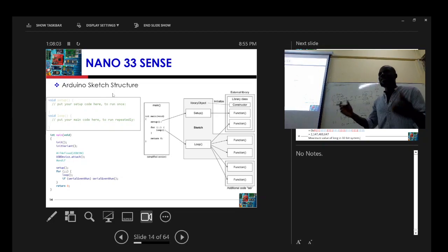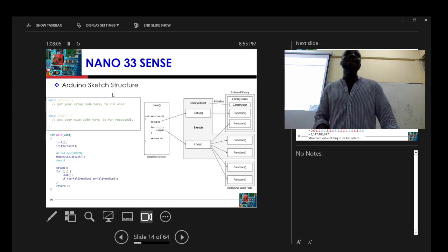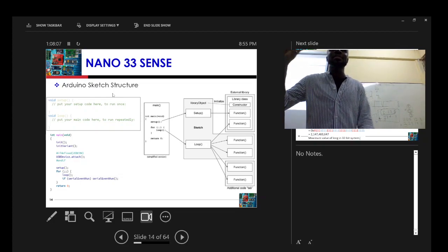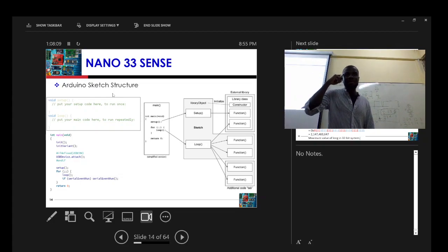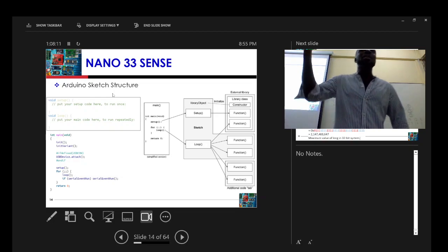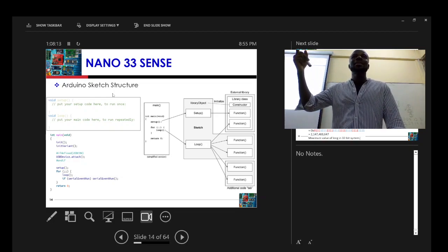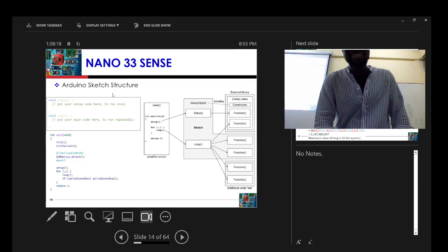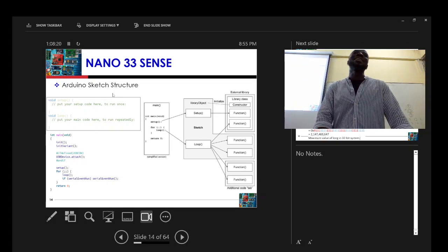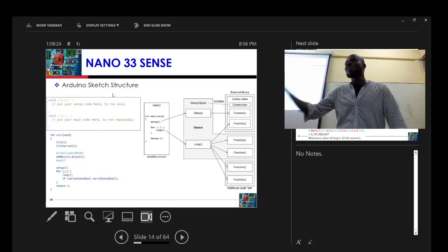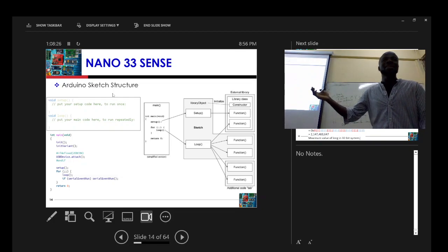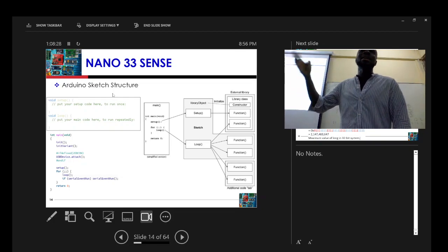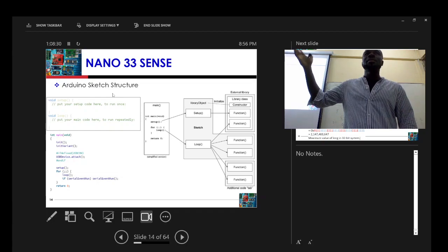And then, as I said, the sketch has two main functions within it. What is the first one? And then what is the second one? So it has the setup function and then the loop function, right? And then I said, what does the setup do?